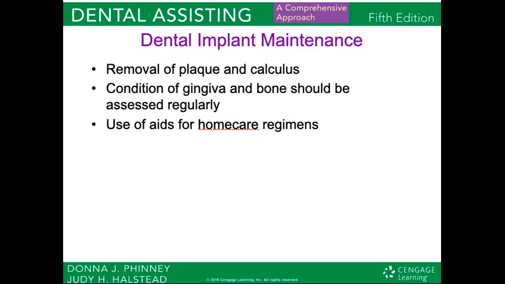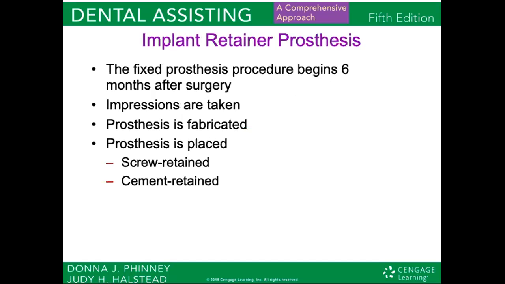And then we want them to have the use of aids for home care regimens, whether that be special things to clean their dentures with, or their implants with, and then just let them know what that entails. They still have to floss and care for those implants just like any other teeth, because they can still accumulate lots of plaque and calculus.